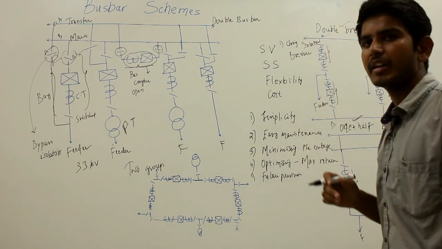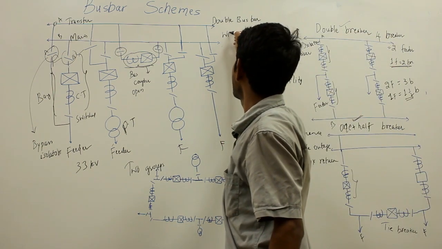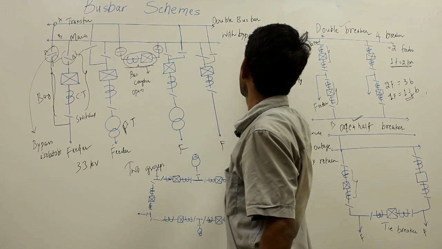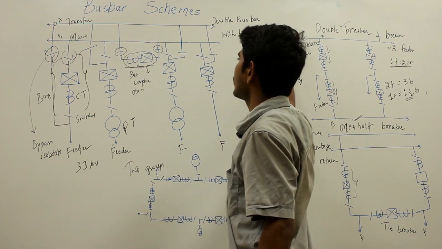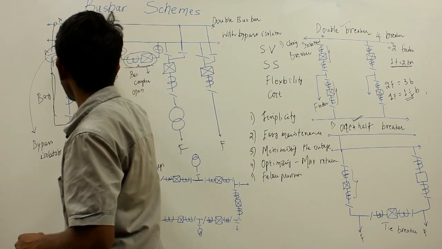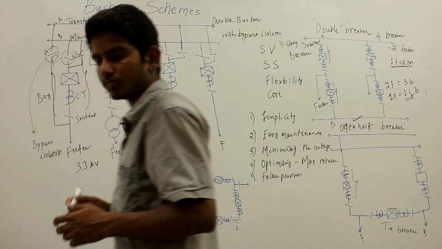Now the next bus bar scheme is double bus bar with bypass isolator. So with bypass isolator you are having double bus bar. For this connection, what I do is I will use another isolator here.